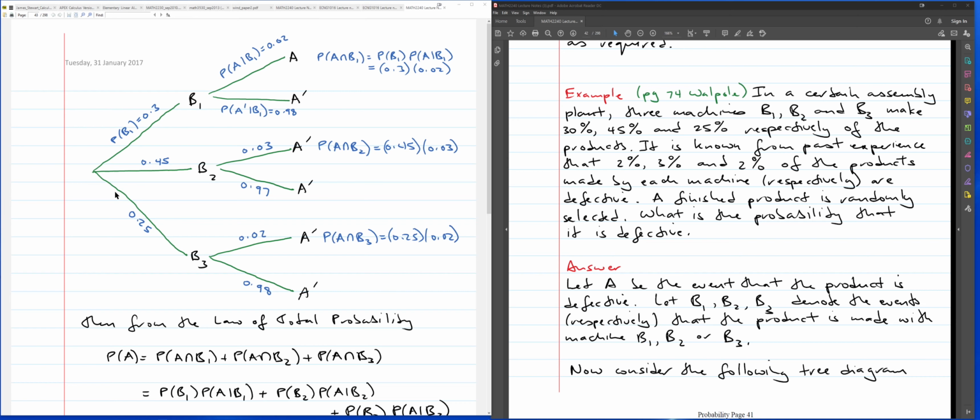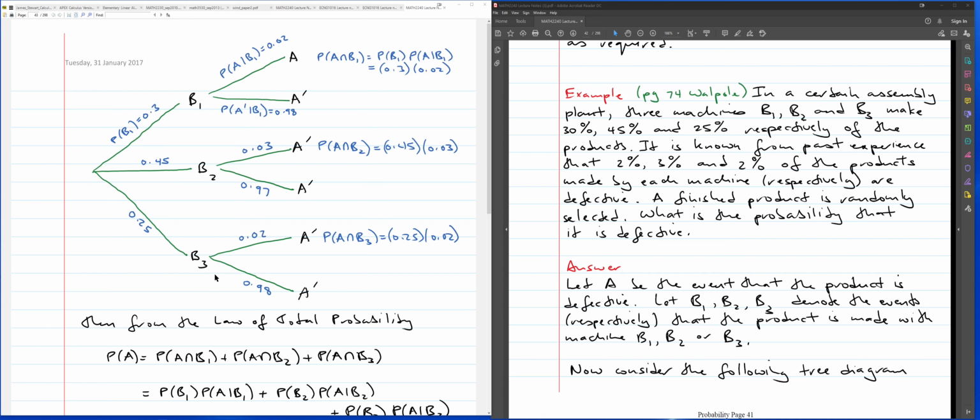Okay, so how you want to read this diagram is that first of all, you're choosing a product. The product could be made by machine B1, could be made by machine B2, or it could be made by machine B3. That's the first thing.